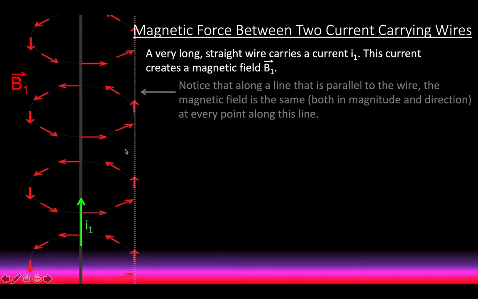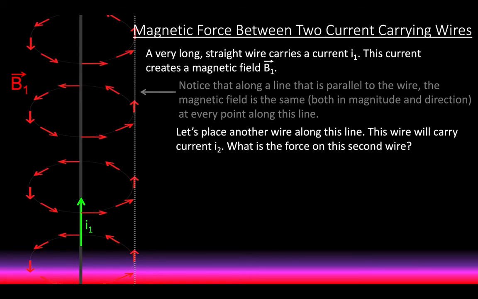So B equals mu naught I over 2 pi r, you're always the same distance away from the wire, so you'll always have the same strength of magnetic field. And also at every point along this dotted line, the magnetic field is going to be pointing into the computer screen. So at every location along this dotted line, the magnetic field has the same strength and points into the computer screen. So this dotted line is where I'm going to place my wire carrying current I2.